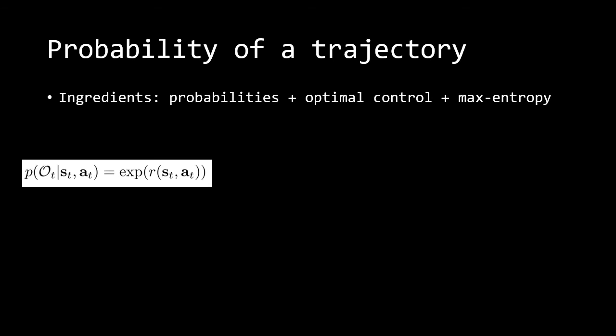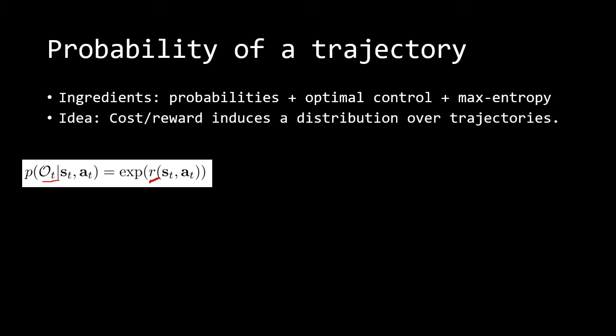Then you want to express the relation with the reward. There will be different notations. Here is one with the optimality criterion: the probability of being optimal given a state and an action. And what you want to say is that this is exponentially proportional to the reward associated with the transition. What that means is that a cost or a reward induces a distribution over trajectories.